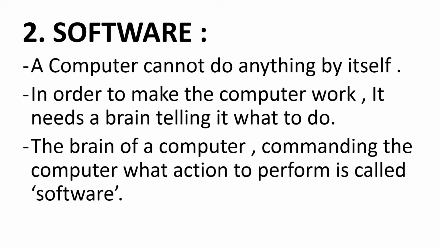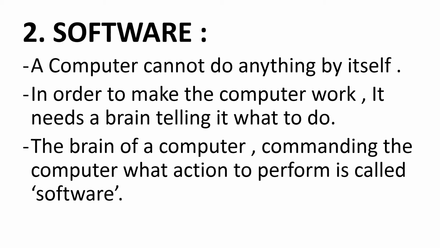That brain of a computer, which gives instructions and commands to the computer about what action must be performed, is called software. Software is nothing but the brain of the computer which gives commands to the computer about what action is to be performed.